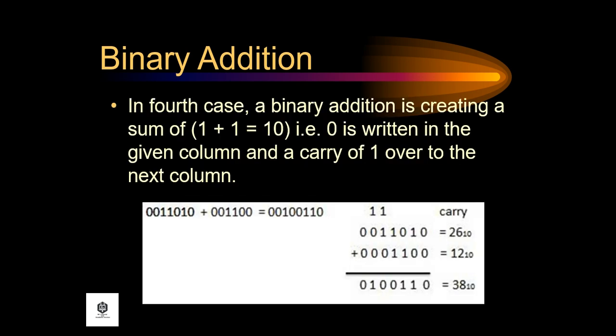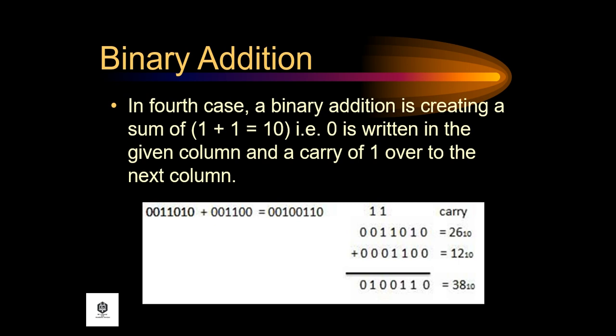In the fourth case, a binary addition creating a sum of 1 plus 1 is equal to 10, wherein 0 is written in the given column and a carry of 1 over to the next column.